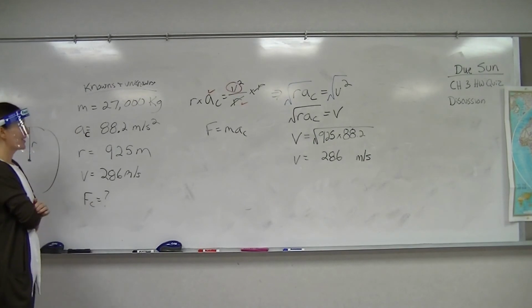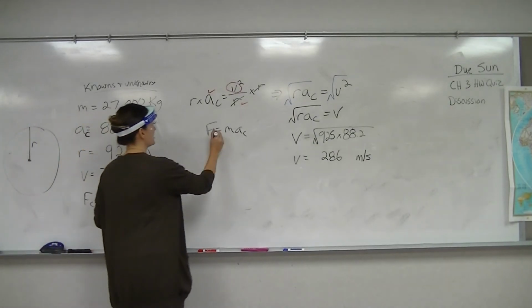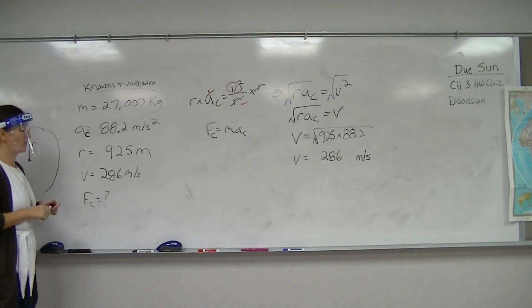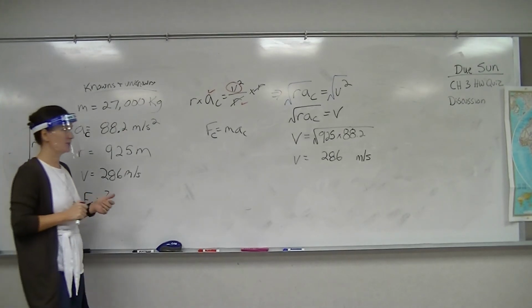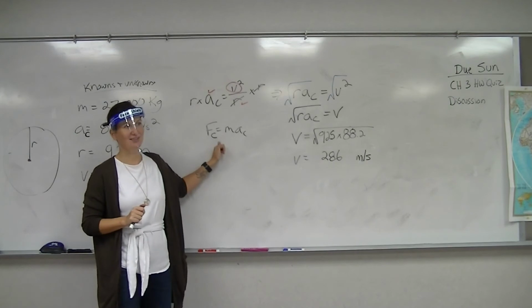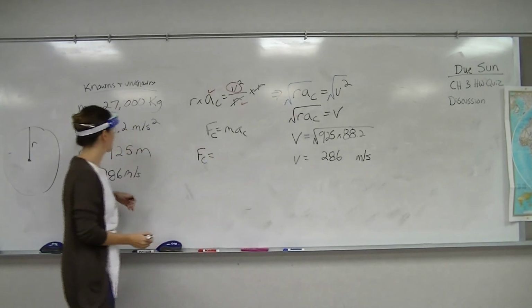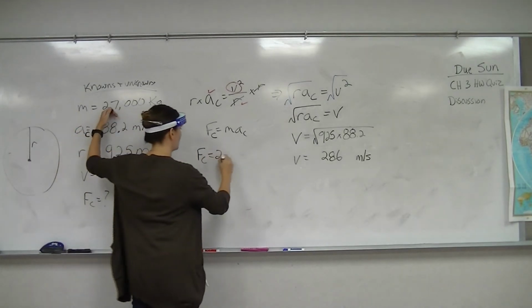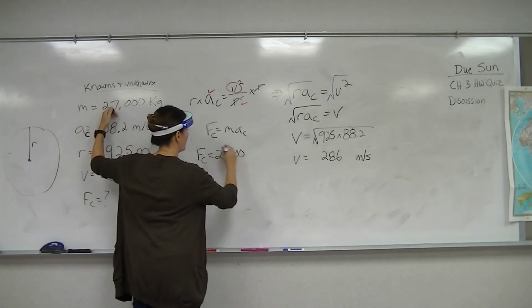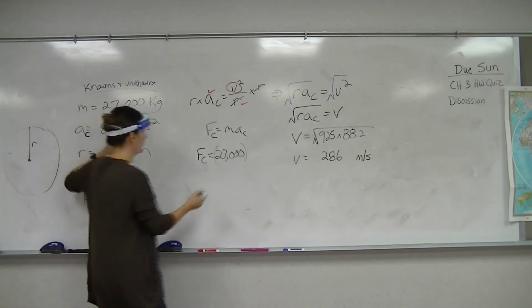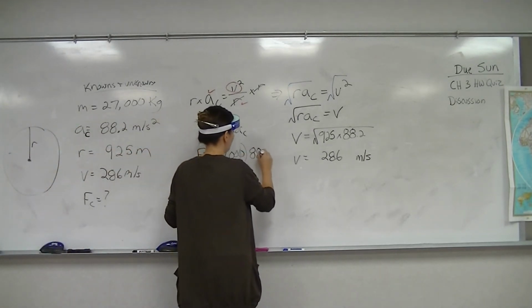But now, let's calculate the force. We got a C here: centripetal force. So we saw with an ATV, it took 2,500 newtons. I can't imagine how much this is going to be. We don't have to rearrange, we just plug in the mass, and we multiply that by the 88.2, the centripetal acceleration.